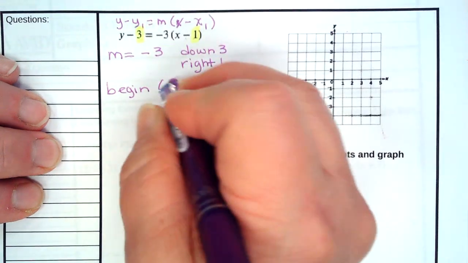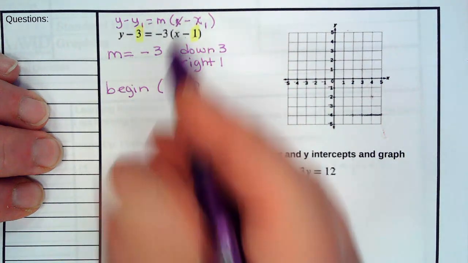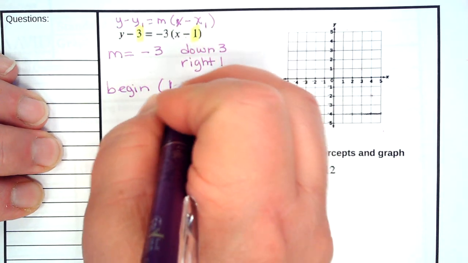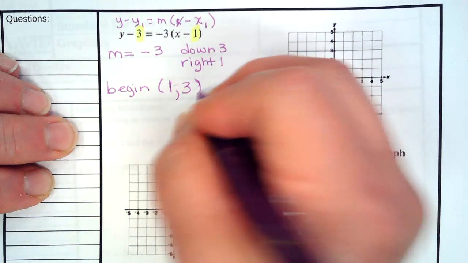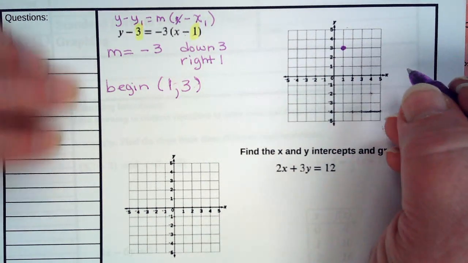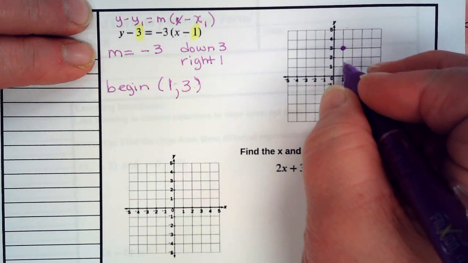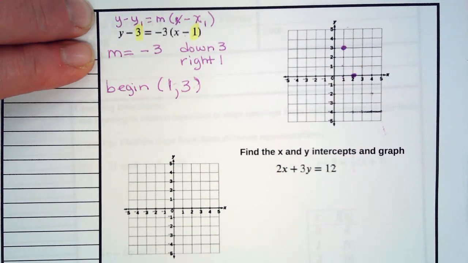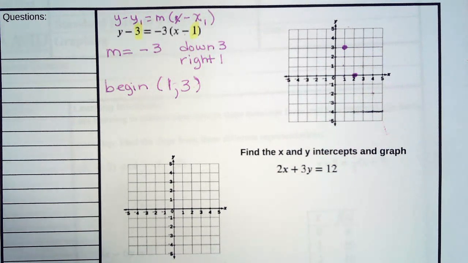So if I'm looking, x is 1 and y is 3. So I start at 1, 3. Now I'm ready to go down 1, 2, 3, right 1, and draw my graph.